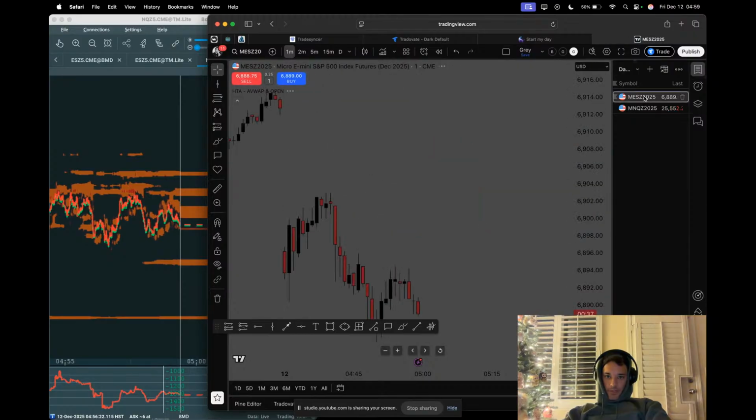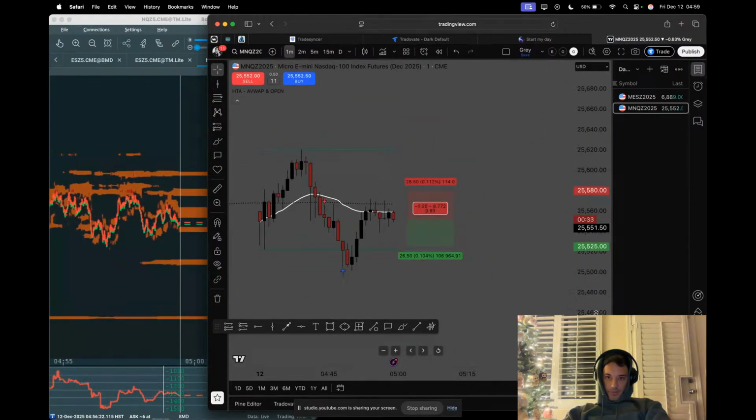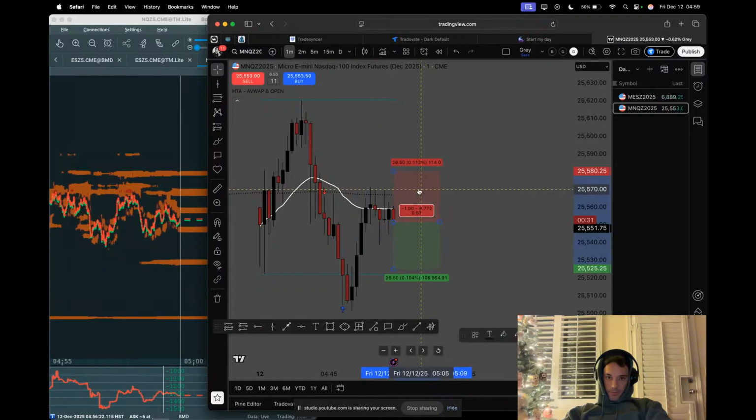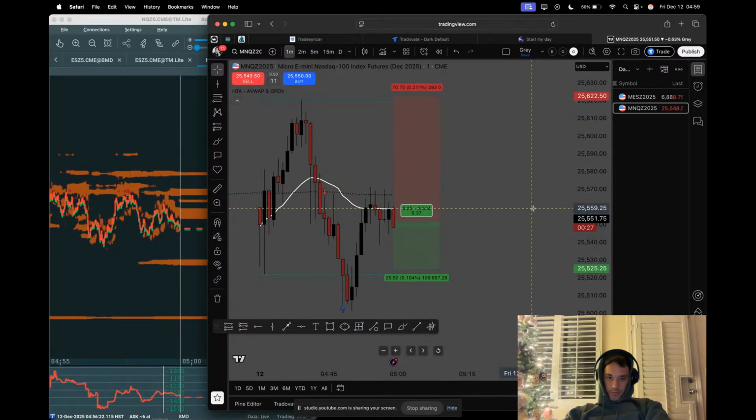Yeah, MES has already broken back down outside the range, so might want to go short here. But damn, if I go short, it'd have to look like that.